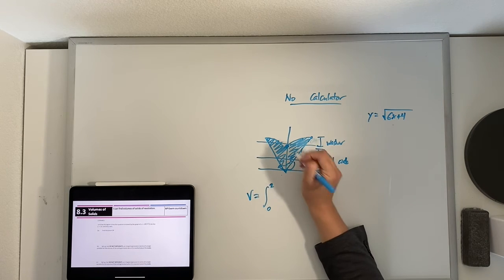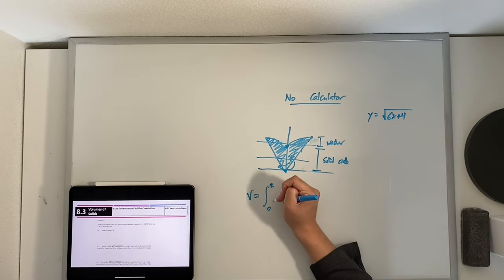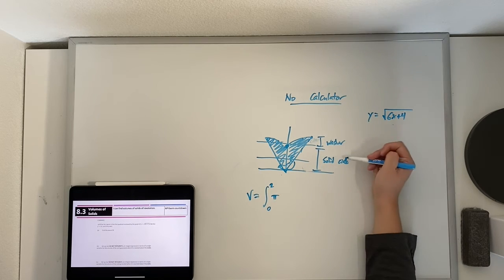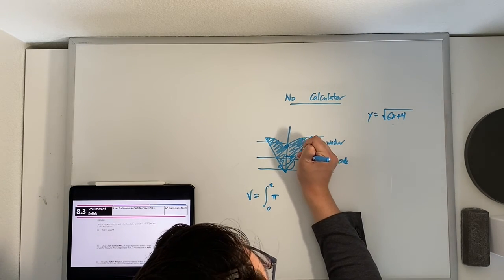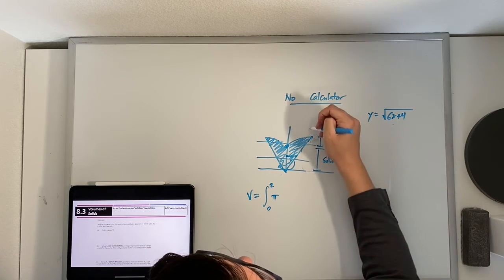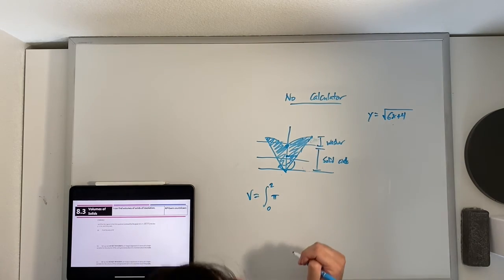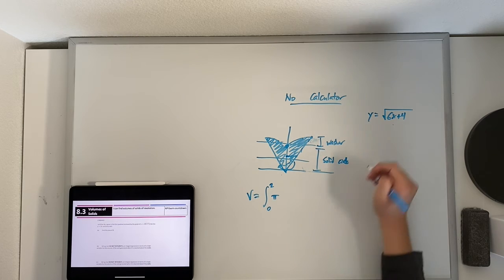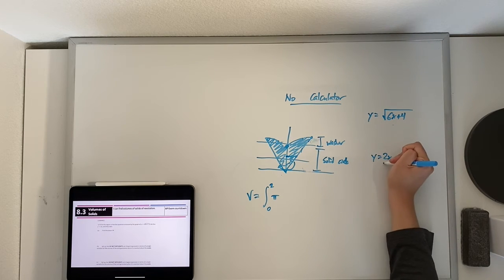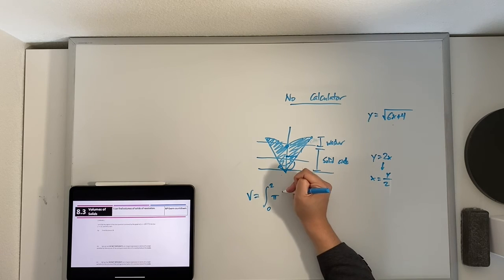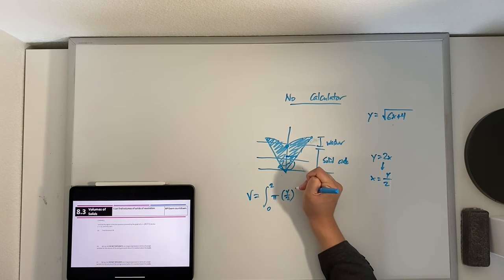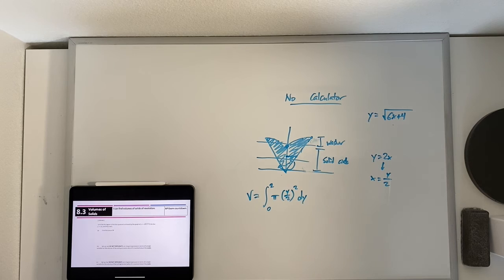So this is the integral from 0 to 2 of pi. And this part is just a circle. So what is the radius of this? It's just this function, which was y equals 2x. But we're changing it with respect to y. So we're plugging in y over 2 dy. So that's this first piece.